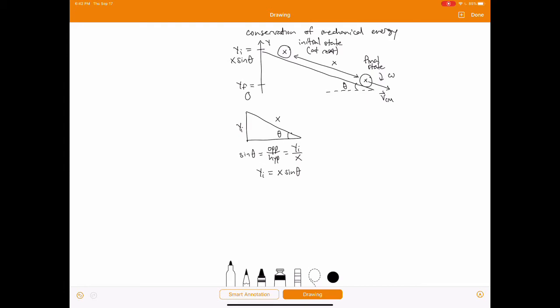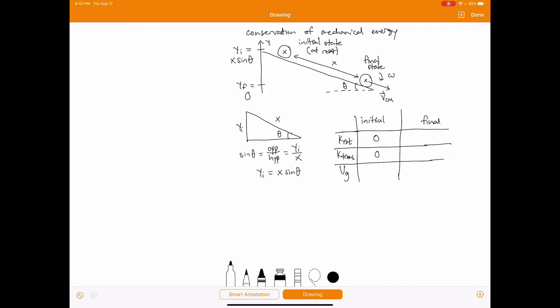Next thing we can do is make a table of energies. So our system has some energy in the initial state and in the final state, and we can break it down into the different types of energy that we need to keep track of. In particular, we have rotational kinetic energy, translational kinetic energy, and gravitational potential energy. In the initial state, we're not even moving, so there's no rotational or translational kinetic energy.